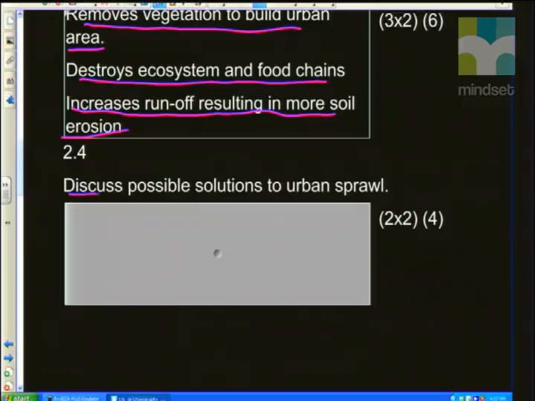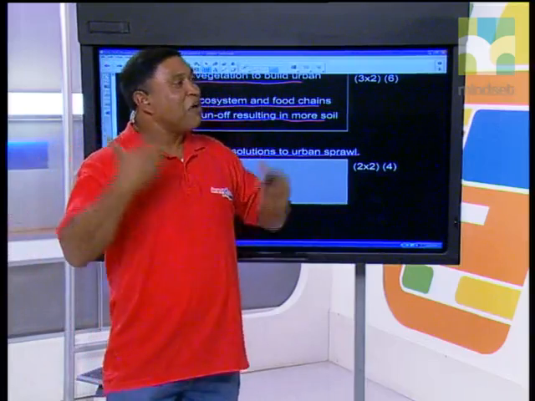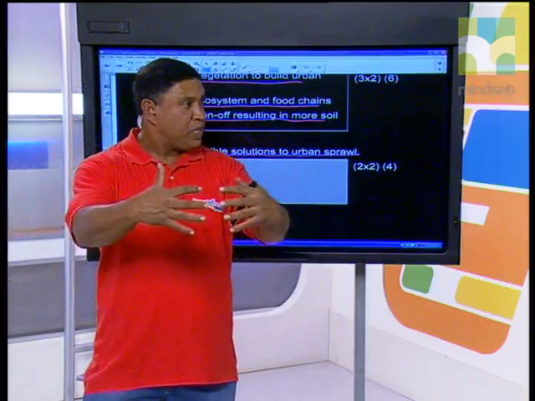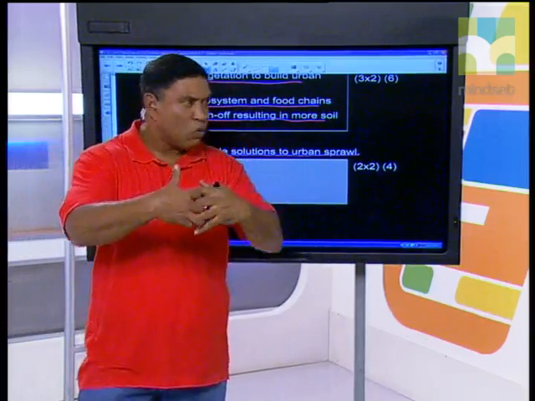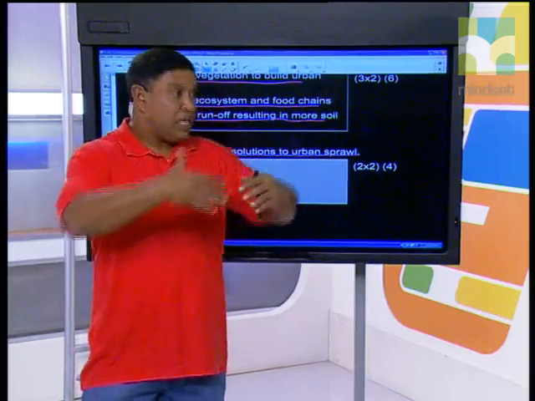Discuss possible solutions to urban sprawl. What could we do, guys? Replanting. Yeah. The green belt. Please, green belt is not karate. It's a green belt where you're leaving vegetation, conservation areas. Because soon, if you leave urban sprawl, learners, the cities will meet. You don't want that. We don't want to have Pretoria joining us and damage all the vegetation. Not that we don't like Pretoria.